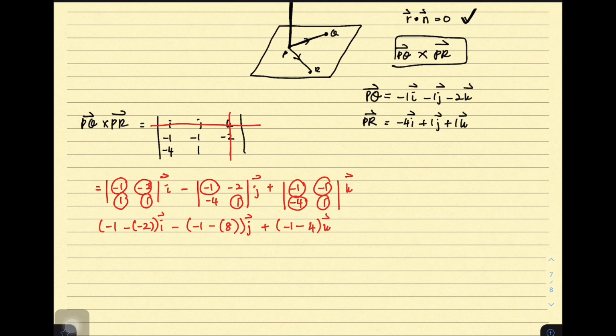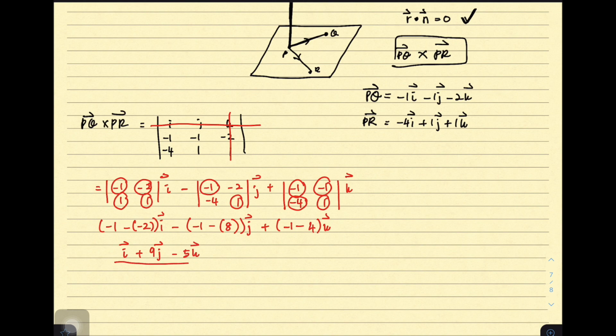This one is k. Alright, so minus is plus, negative 1 plus 2 is 1i. Negative 1 minus 8 is negative 9, so negative and negative will be positive 9j. Negative 1 minus 4 is negative 5. So you have here negative 5k.